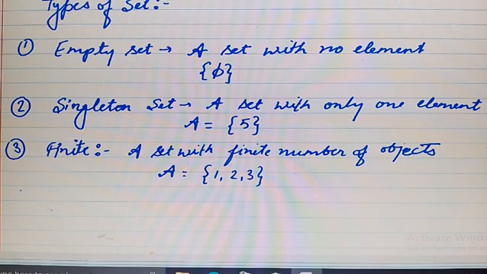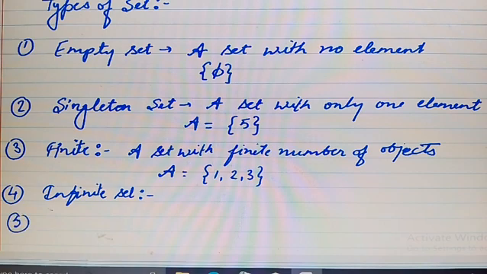Now let's see the next one. Infinite set. Write its definition and its example by yourself, and let me check whenever we will meet for the discussion.